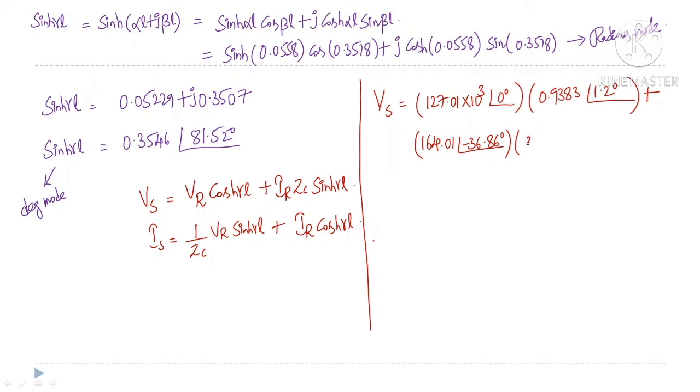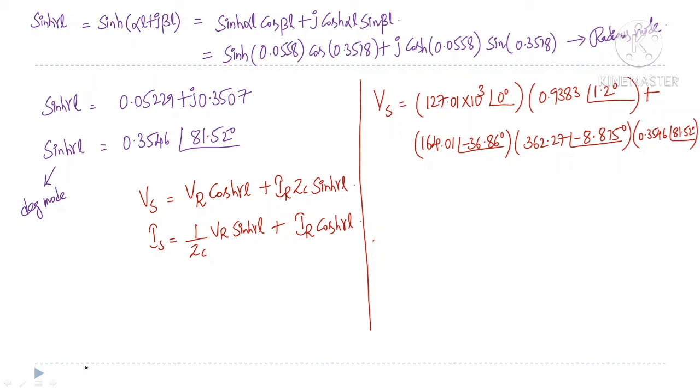What is ZC we got? We got it as 362.27 at an angle minus 8.875 degrees into sinh γL. What is sinh γL? It is 0.3546 at an angle 81.52 degrees.